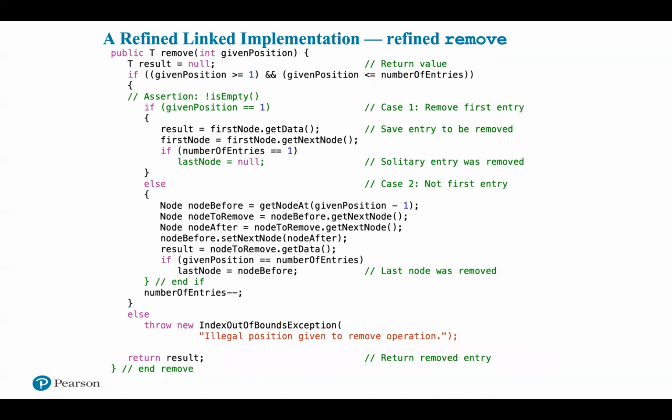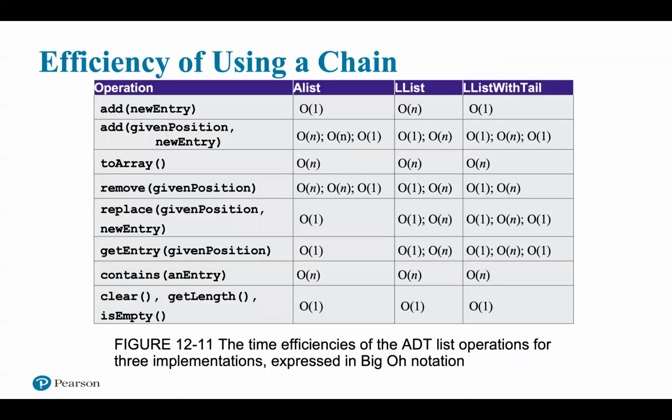So the following method considers the previous two cases in its implementation of the remove operation. You can look that over in more detail as you would like. So let's talk about the efficiency of using a chain to implement the ADT list. We can consider the time complexity of some of the methods in our classes, LList and LList with tail.